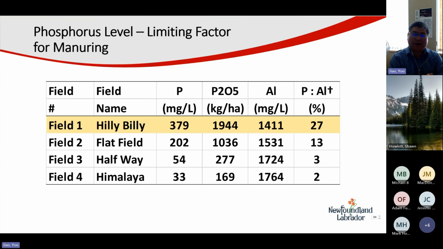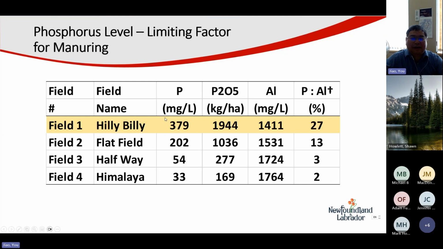Because our big animal farms have a limited piece of land, year after year they apply the manure, so the phosphorus level is quite high. The crop takes more nitrogen, and the manure supply meets the nitrogen requirement but over-applies the phosphorus, because the crop doesn't need that much phosphorus.